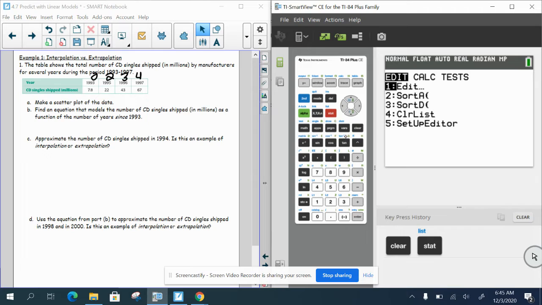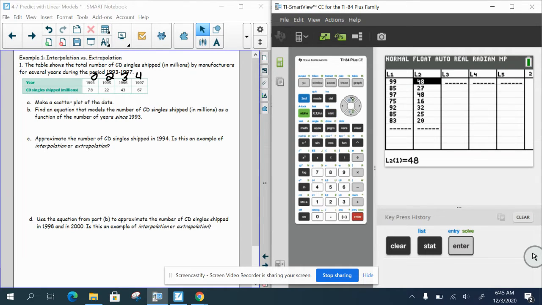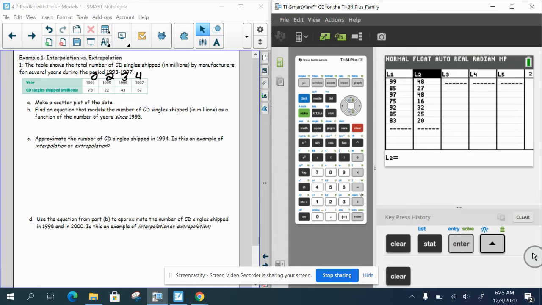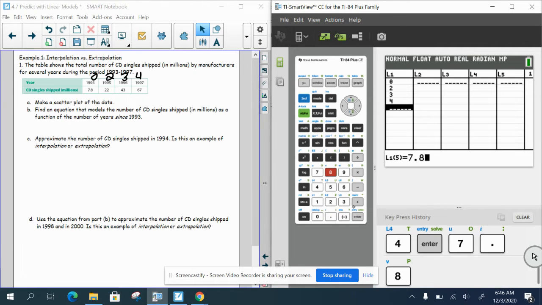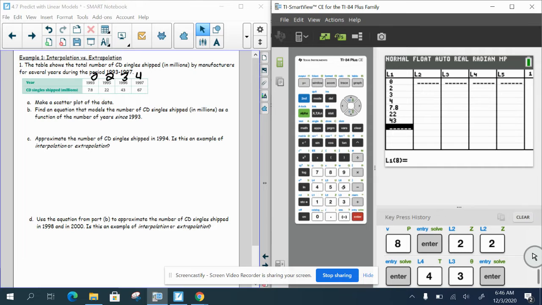So we'll go to stat, edit, clear your list. So you should have already gotten a lot of practice with this from the video you watched two days ago and the Elastic you did yesterday. All right, so we're going to type in 0, 2, 3, 4. And then over here, we're going to type in the other values, 7.8, 22, 43, and 67.